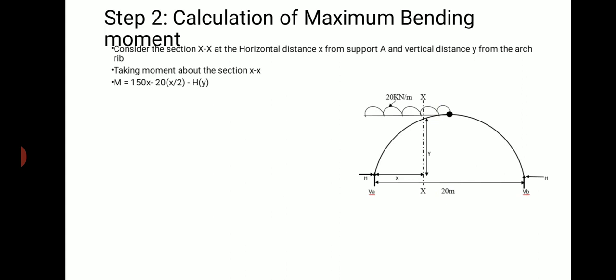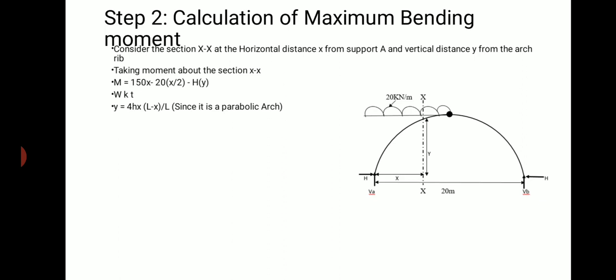Therefore the moment of load 20 kilonewton per meter for a distance of x will be equal to 20 into x by 2, so 20x square by 2. Therefore the moment will be equal to 150 into x minus 20x square by 2 minus h into y. H is nothing but 125 into y.